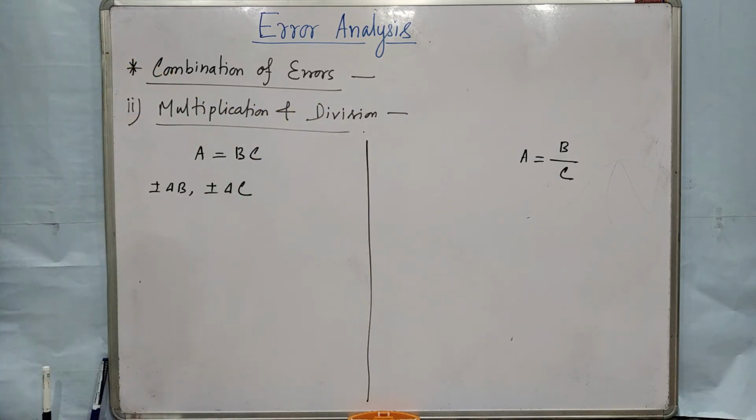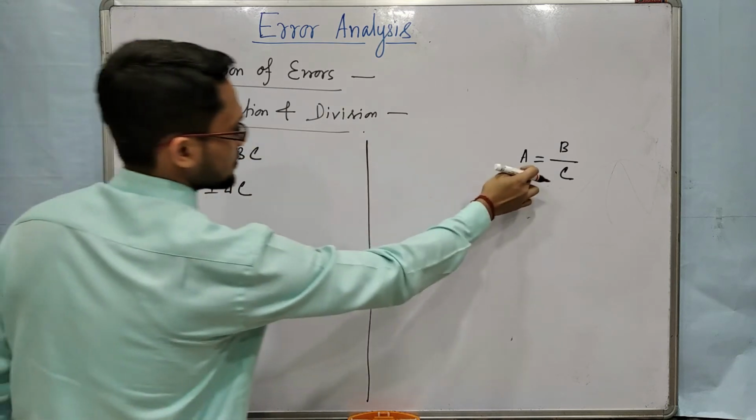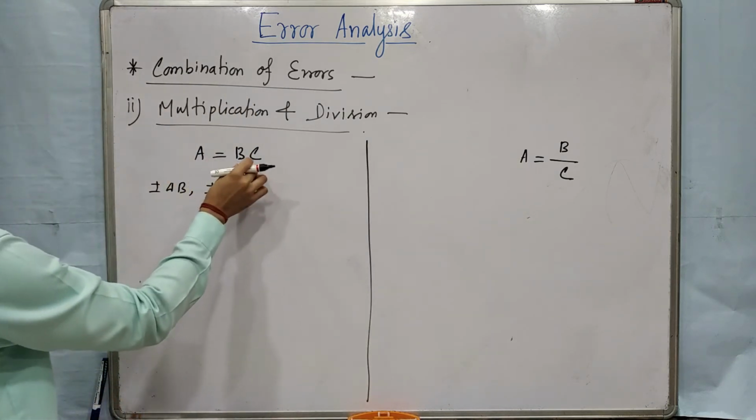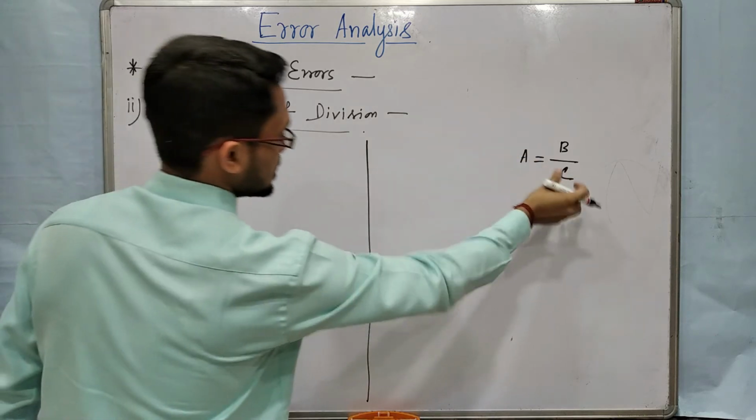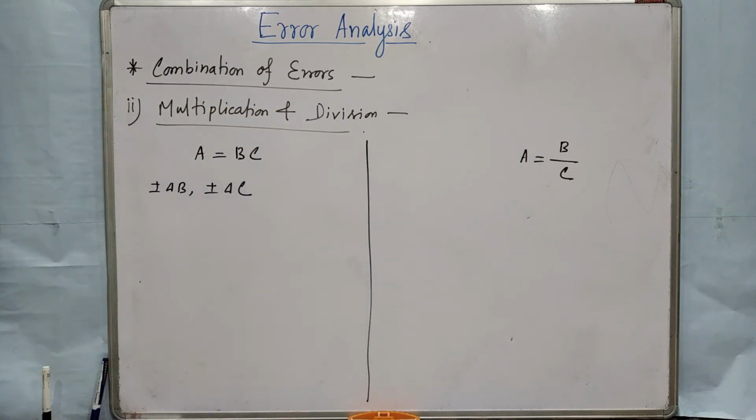Now how will you calculate the error for A? If it is in the multiplication form or division form, the error formula will be similar.